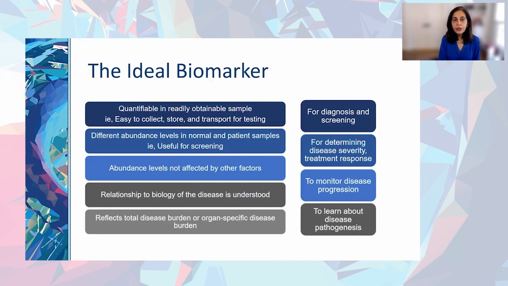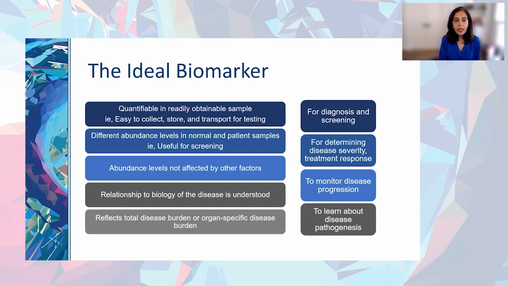So coming to the role of a biomarker, we often question ourselves, what is an ideal biomarker? And I think of it as one which is quantifiable. What I mean is that it's also readily obtainable in easy to collect samples, which can also be stored easily and transported easily, because then this can be used for diagnosis and screening.